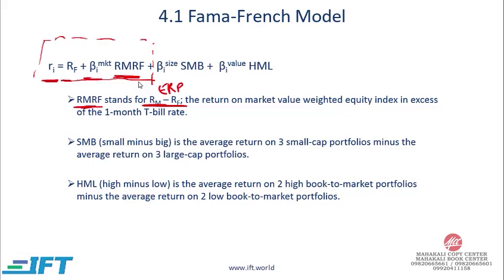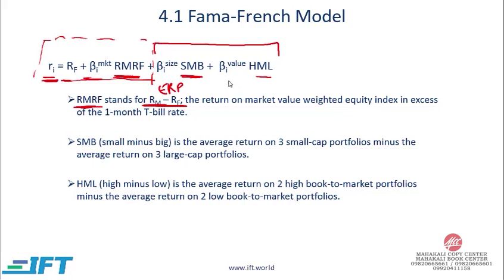But the Fama-French model says that your return also depends on other variables. What are those other variables? It is the size of a company and the book value relative to market value. What do we mean by that? If you recall from level 1, one of the anomalies that you studied was that in the past, small company stocks seem to outperform large company stocks.